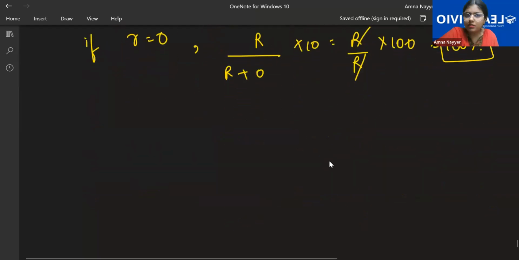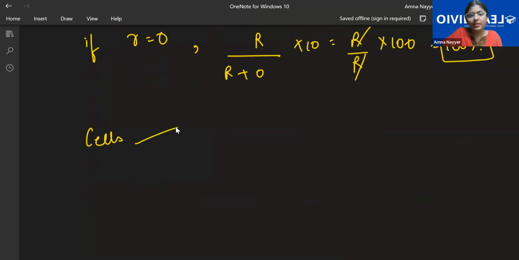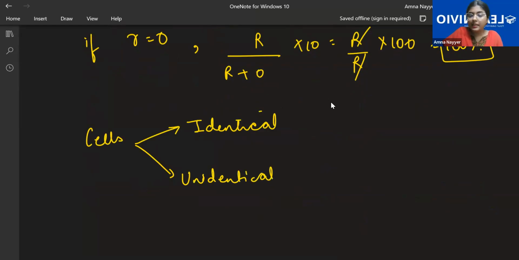Now, when we are talking about cells, one more thing: we have already talked about the cells connected in combination. So for cells, we studied majorly two groups: identical cells and unidentical cells. And here also we have studied series, here parallel, here series, here parallel. So revise these formulas, these we have already done.